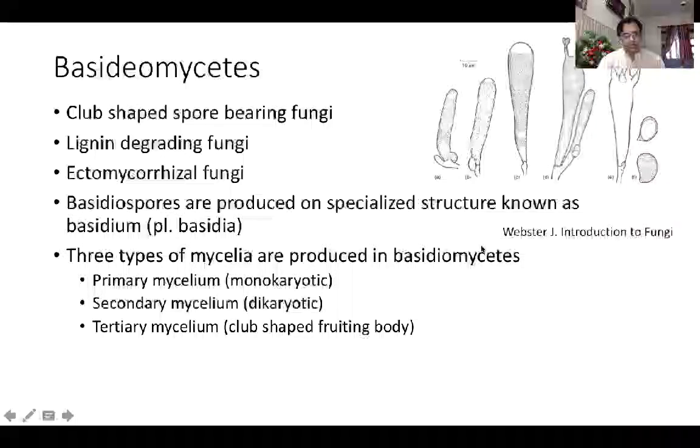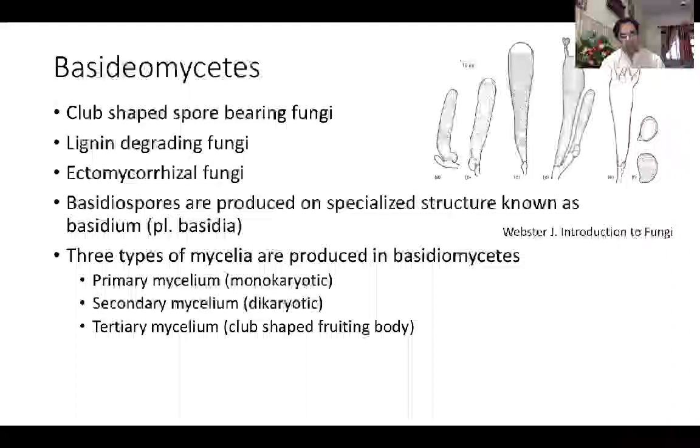Then another important character in basidiomycetes is the presence of 3 types of mycelia, that is primary mycelium, secondary mycelium, and tertiary mycelium. Primary mycelium is monokaryotic. It contains only 1 nucleus.